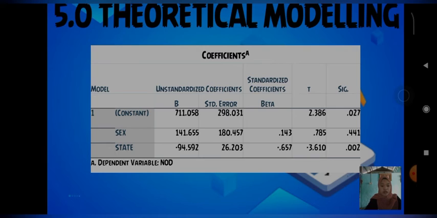Similarly, for every unit increase in the number of deaths from the state, which is negative 94.592 units, provided the other variables remain unvaried. Based on the standardized coefficient beta, the result of sex is 0.143, which is almost 5 times higher than the result of state, negative 0.657.